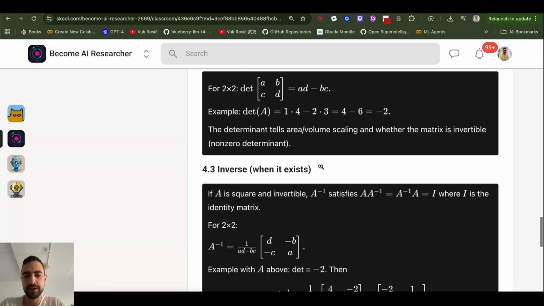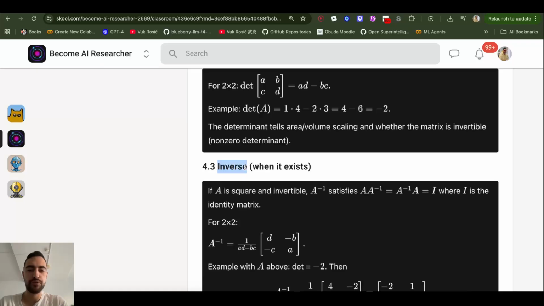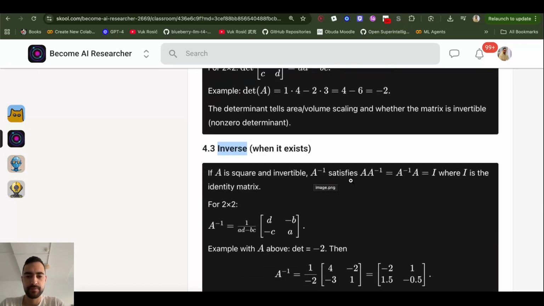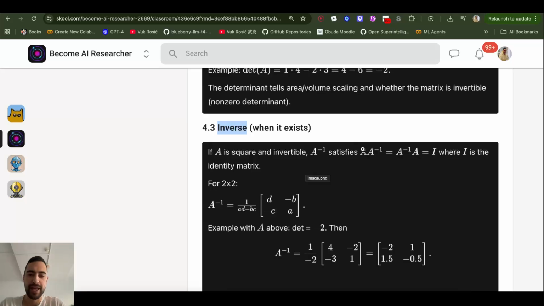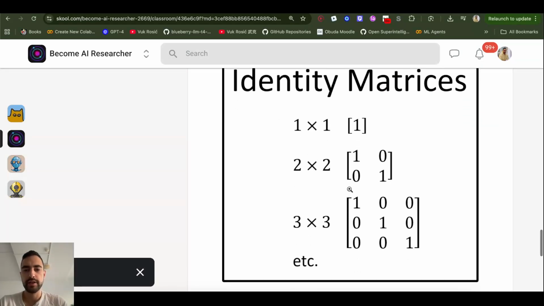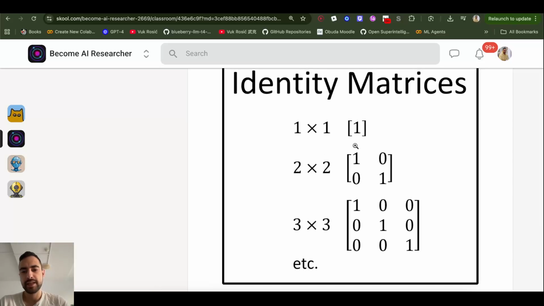And then we have inverse. Don't confuse inverse and transpose. So if we have A, then A inverse. If we multiply A and A inverse, it gives us the identity matrix, which is just shown here. It has ones on the main diagonal and zeros everywhere else. So that's the identity matrix.